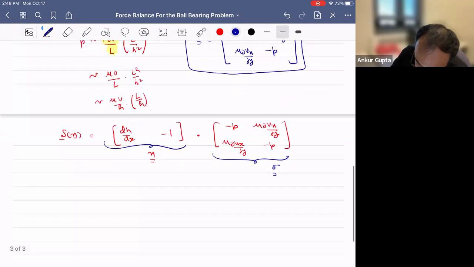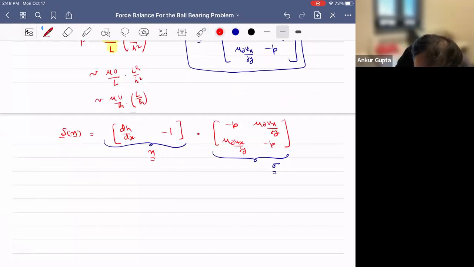Right. So now if you do this further, then you will get Sn. You will get dH by dx minus p, dH by dx minus mu del Vx by del y is Ex.